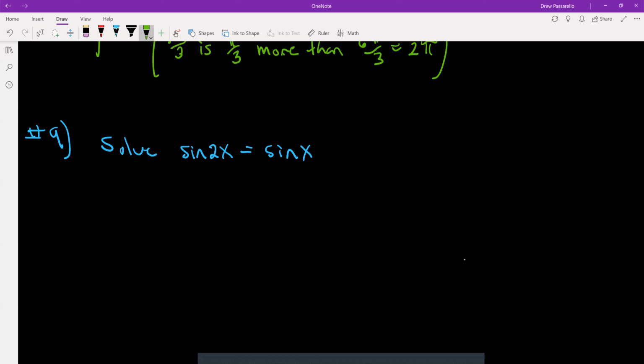I would make a comment. Are there any identities that we can use to simplify sine of 2x since it's got that 2 next to the variable x?